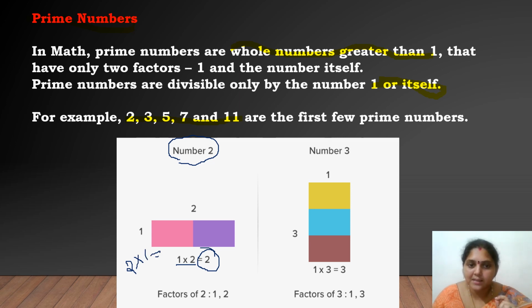Can you identify any other table? No. So my factors of 2 are 1 and 2. This type of number is known as a prime number.